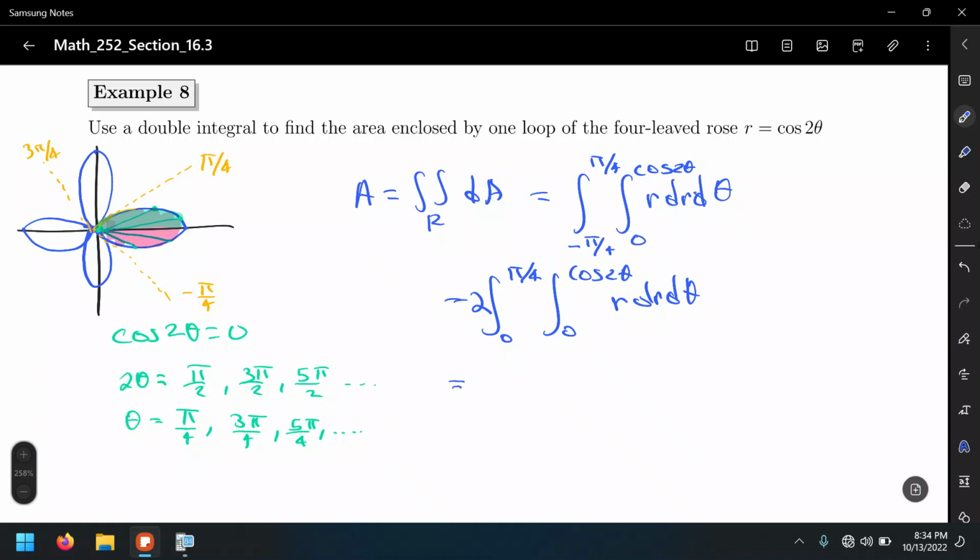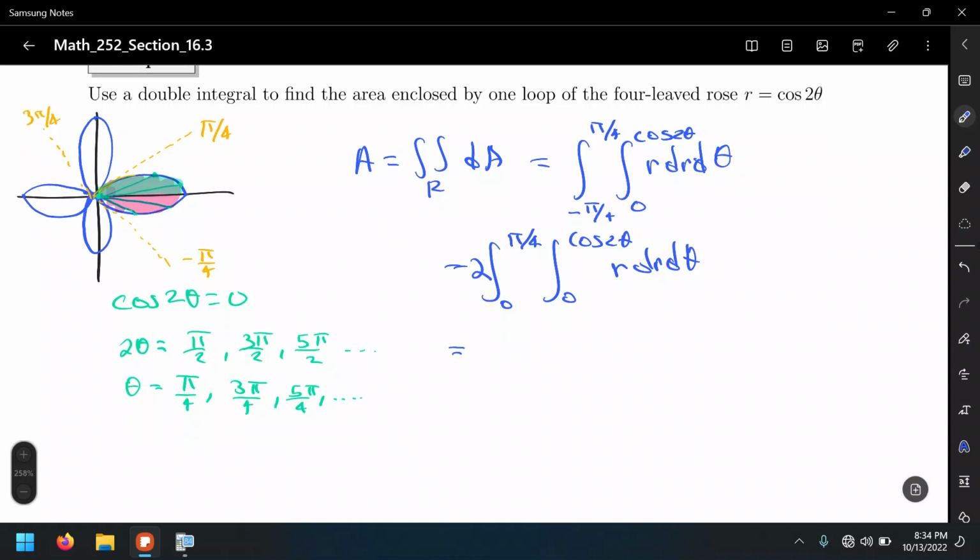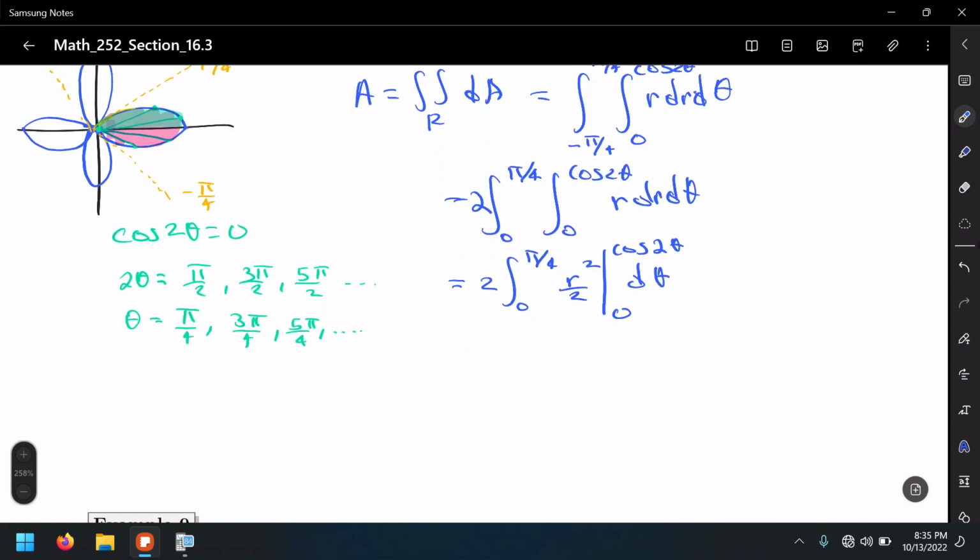Let's compute the integral. That's 2 times the integral from 0 to pi over 4 of the integral of r dr d theta. Isn't that going to be r squared over 2, where r goes from 0 to cosine 2 theta, d theta? Evaluating upper limit minus lower limit.